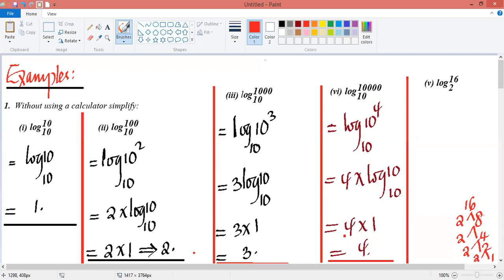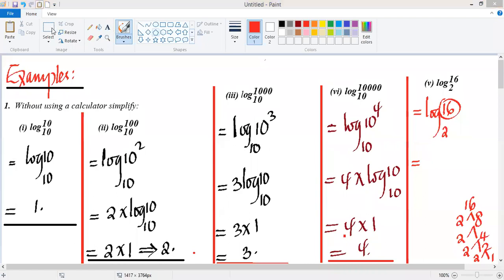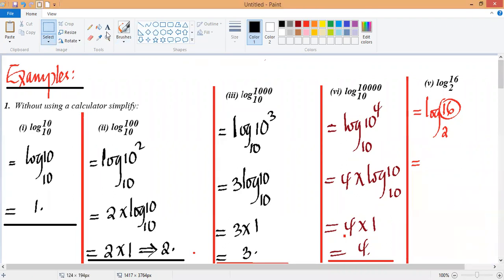And that sends us to saying that 16 is the same as 2 to the power 4. That 16 can be looked at as a 2 to the power 4.